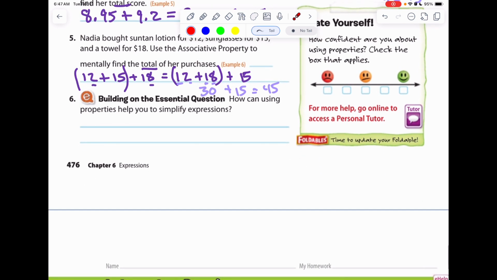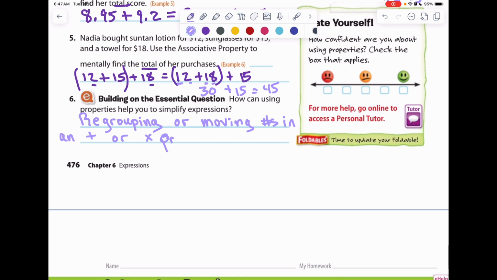Okay, so regrouping or moving numbers in an addition or multiplication problem makes mental math easier, right?